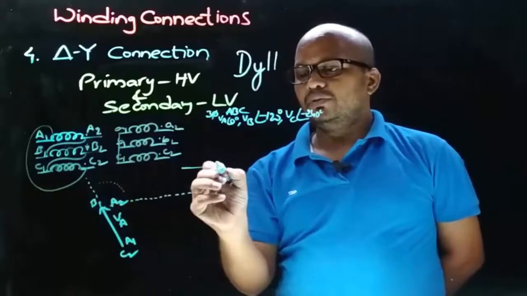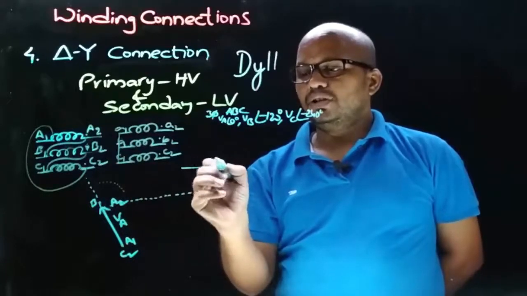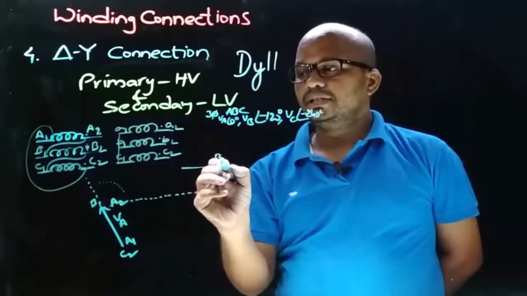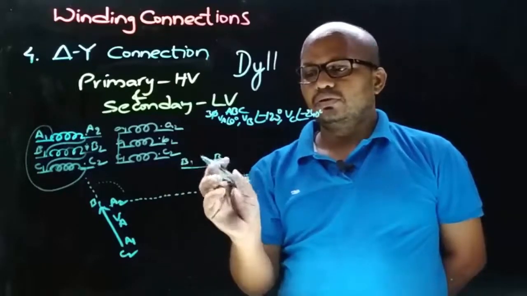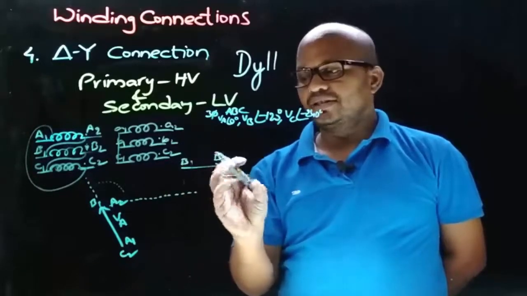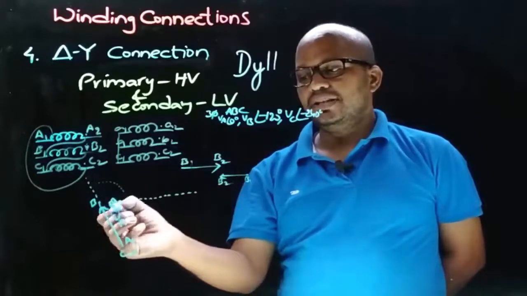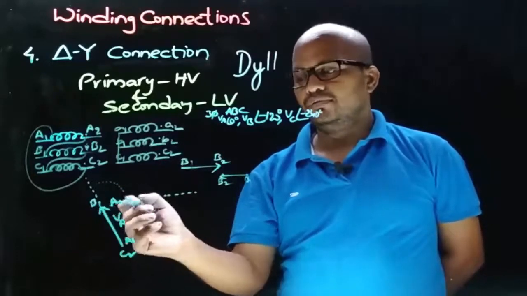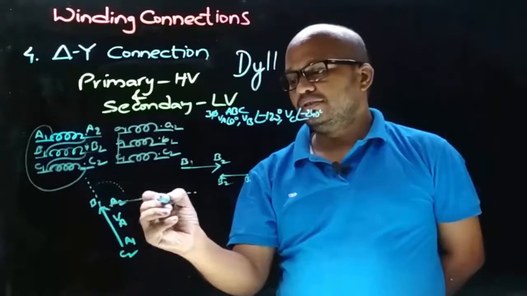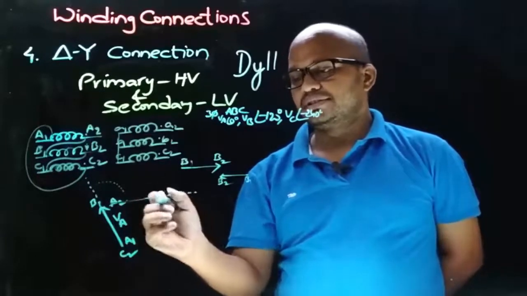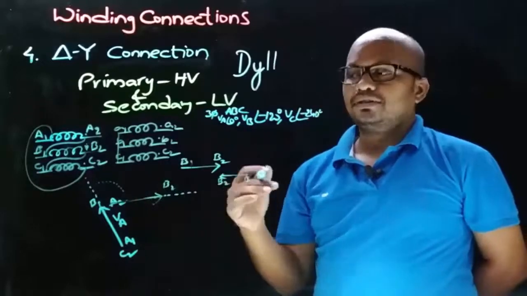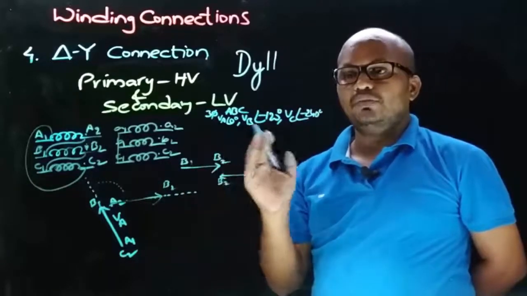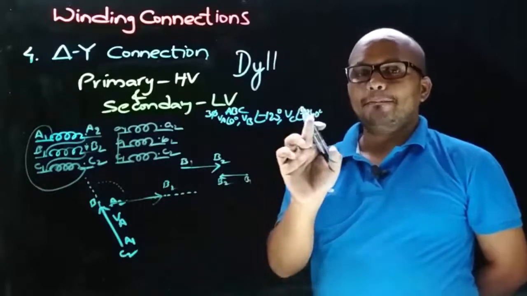Therefore, arrow must point towards dot end terminal. Therefore, this must be B2 and other end must be B1. So now place this VB phasor such that this A2 will have B1. Therefore, VB phasor will be like this. This is B2.